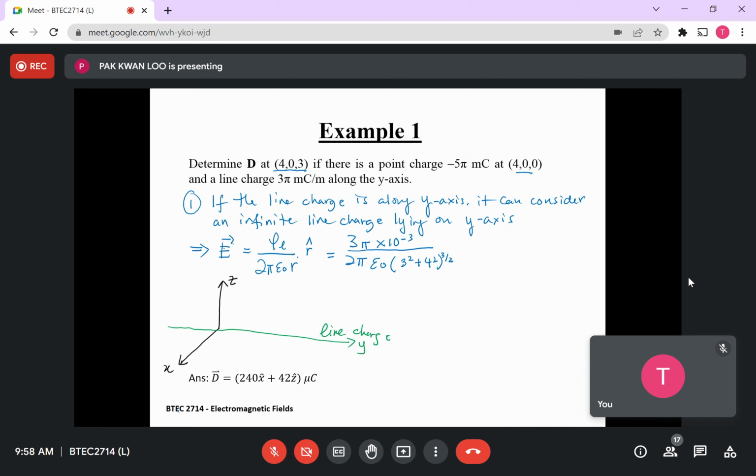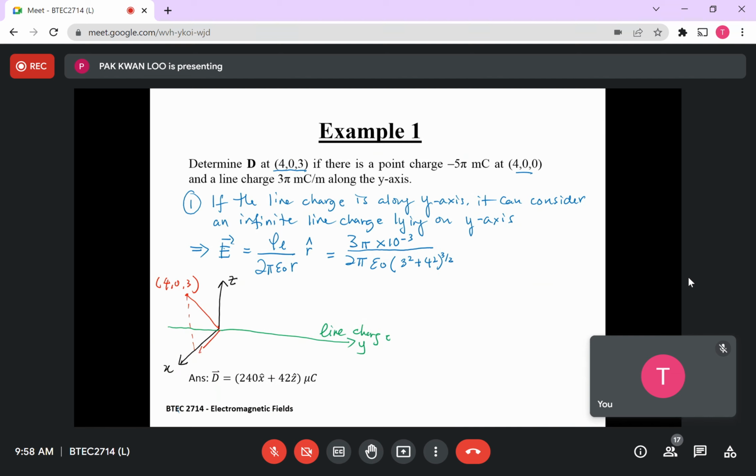R is the magnitude from this point here. So it's 4, 3 around here, along this plane. So this is 4, 0, 3.